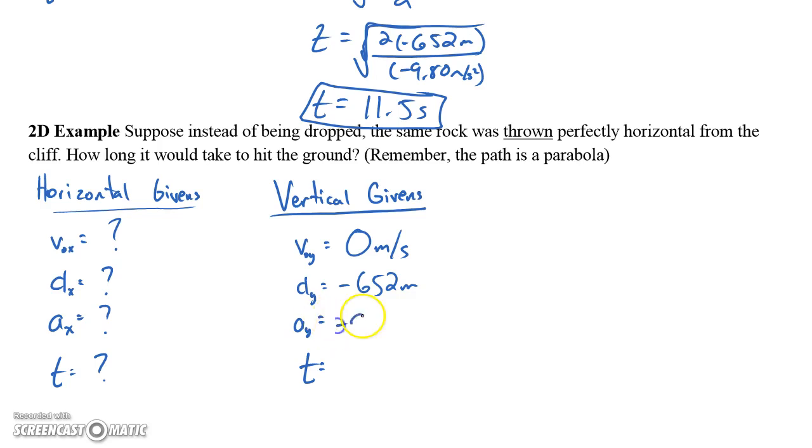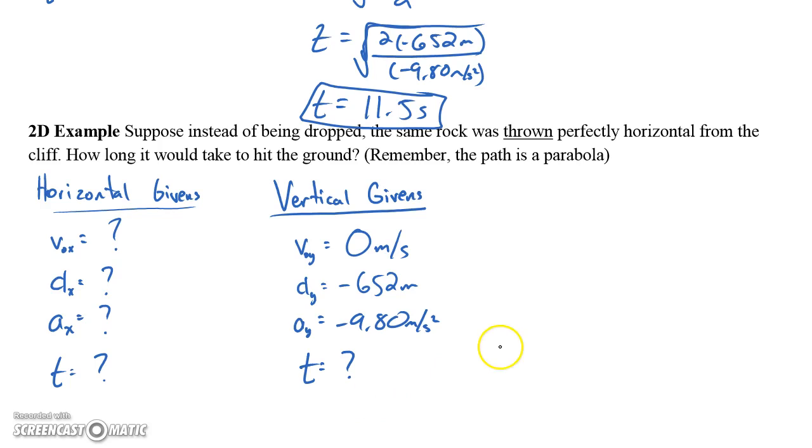So we have ay, which is negative 9.80 meters per second squared. And we're looking for time. Now, compare that to the horizontal, which is a whole bunch of question marks. We've got 3 things and we want another one. So if we were just looking at the vertical part of our motion, we could solve this problem. And that's exactly what we have to do.